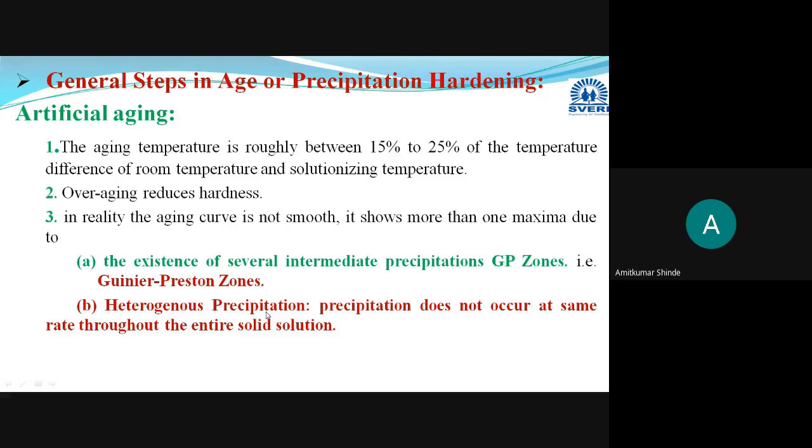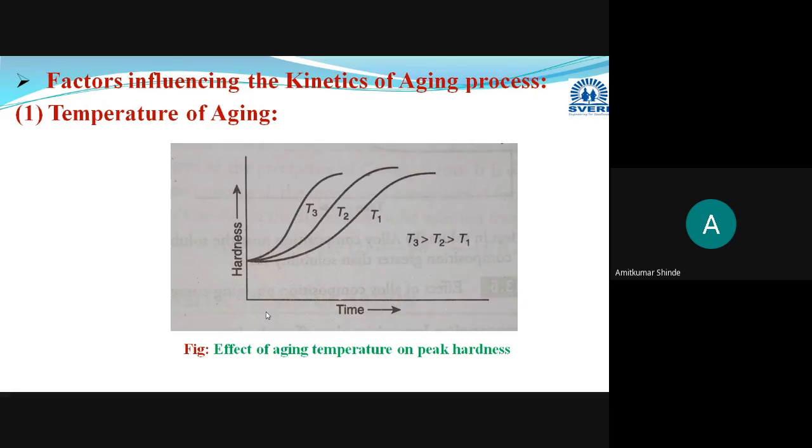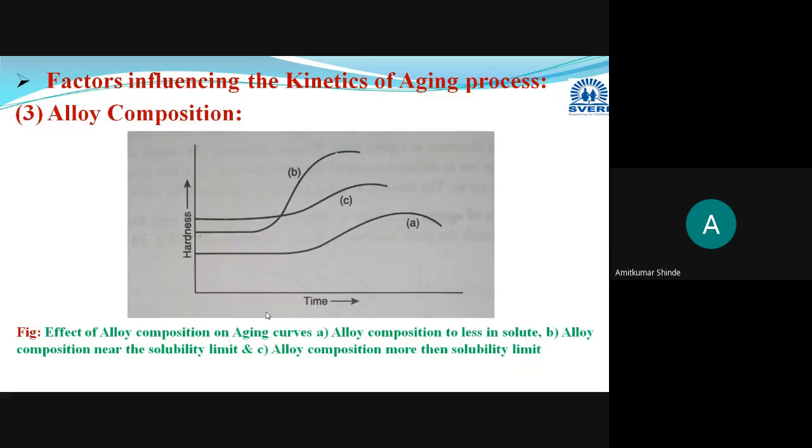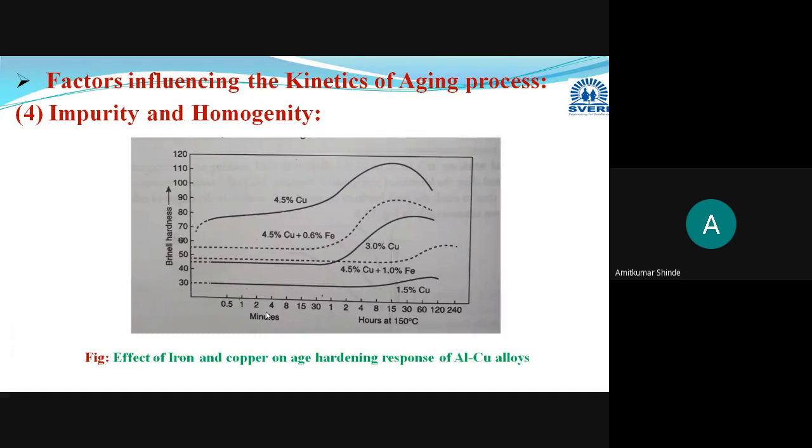Heterogeneous precipitation automatically results in the formation of that GP zone. And then the factors influencing the kinetics or speed of the aging process, four factors: temperature of aging, then cold working of the solid solution, then alloy composition, and the last is the impurity and homogeneity of the alloy. These four factors will affect the aging process.